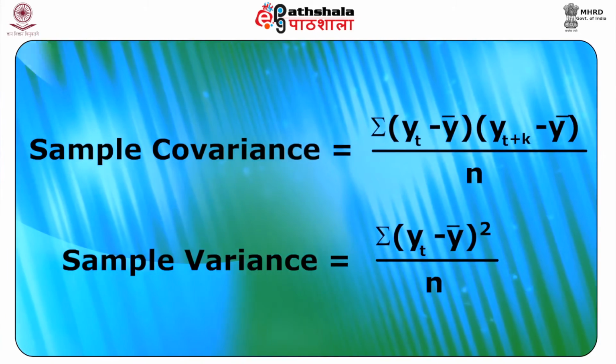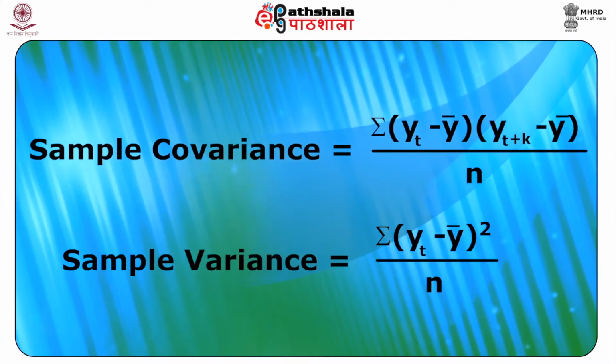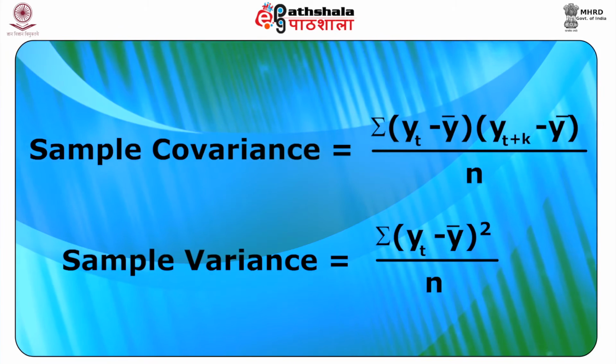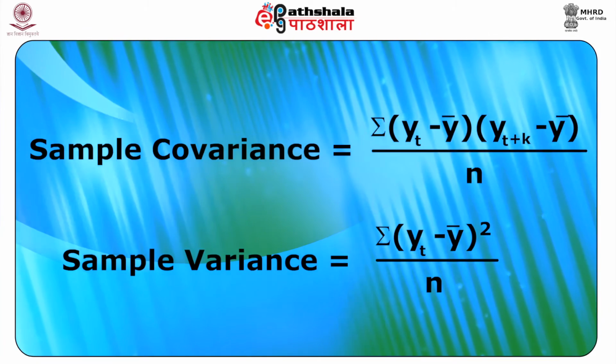In practice, however, we can compute only the sample autocorrelation function, SACF, because the population is not known to us. To compute SACF, we first compute sample covariance and sample variance. Sample covariance can be calculated using a simple formula: sample covariance is equal to sigma of (yt minus y bar) into (yt plus k minus y bar) divided by n.